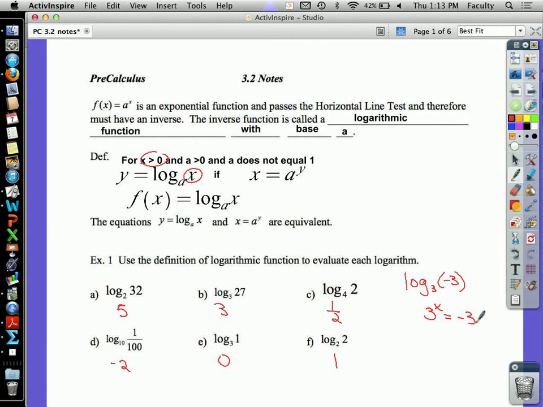The answer to a logarithm is the exponent in the exponential form. So if you think 3 to what power would spit out negative 3, you might think it's negative 1. But what's 3 to the negative 1? Oh, that's not negative 3. Can you think of a number that I could raise 3 to that would produce a negative 3?